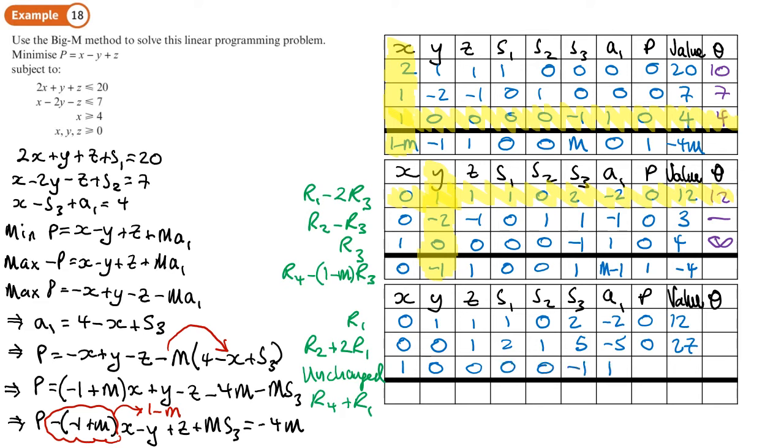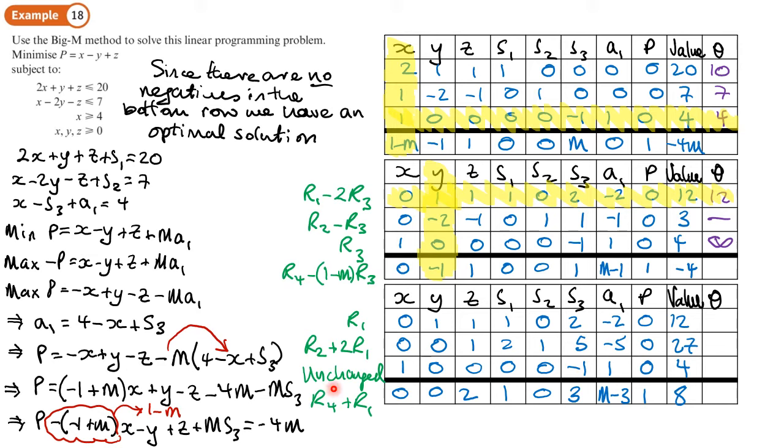So this is unchanged. So I'll just write that down, it doesn't become anything. And the bottom row becomes 0, 0, 2, 1, 0, 3, m minus 3, 1, and 8. Now you can see there are no negatives in the bottom row. That's going to be positive. So we found an optimal solution.